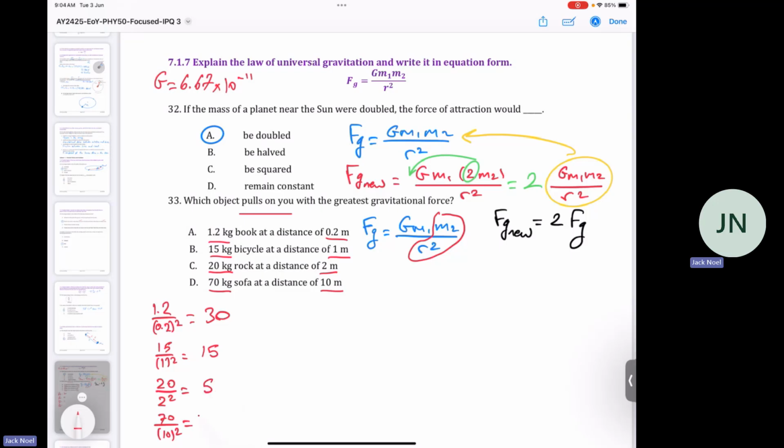And 70 over 10 squared is 0.7. They were asking about the greatest gravitational force. It's already obvious which one is the greatest. It's this one. So the answer is A.